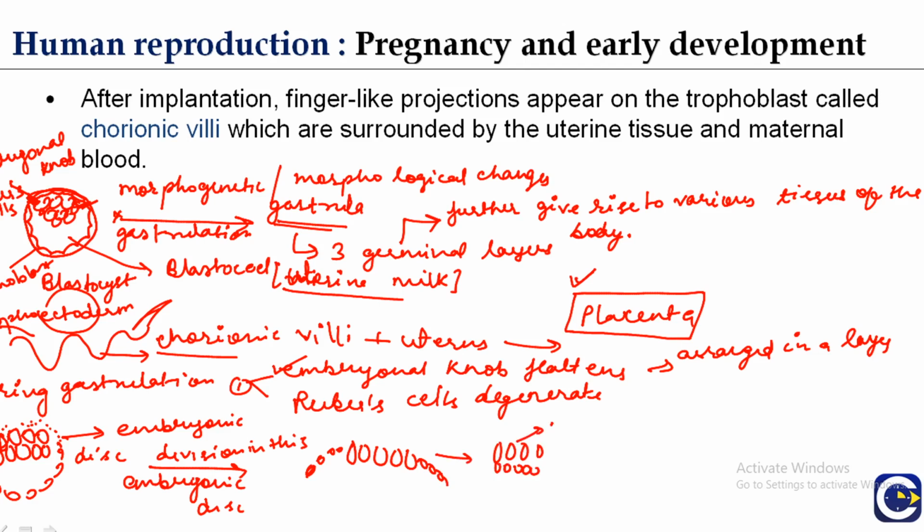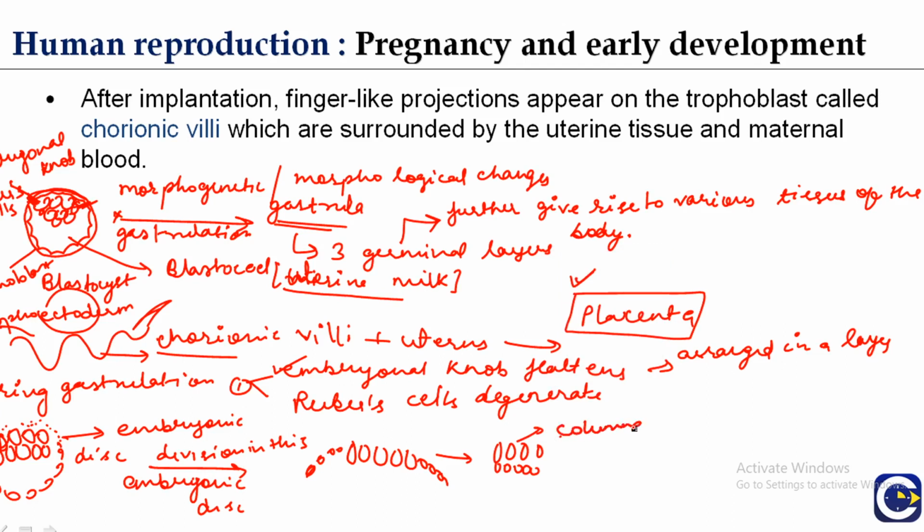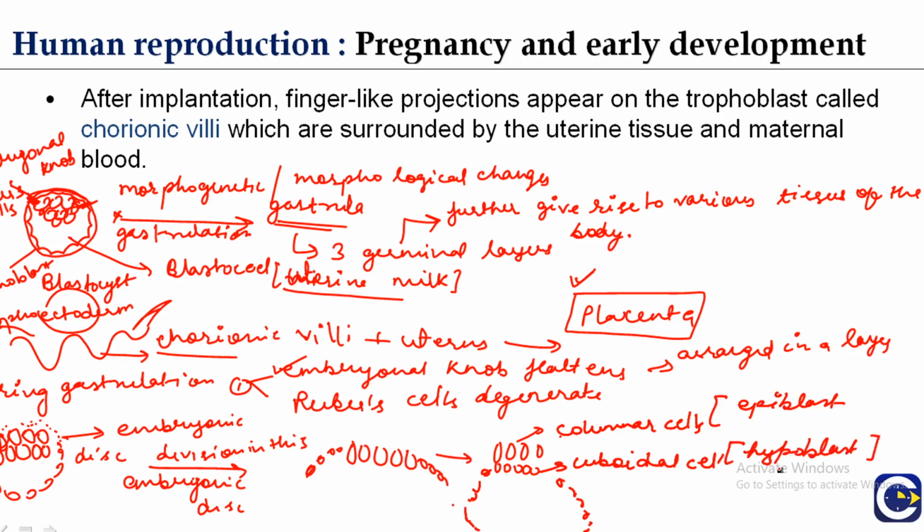So the upper cells are columnar, while the lower cells are cuboidal. This is the trophoblast, you can see here. These are known as the epiblast and these are known as the hypoblast. Now epiblast, these are the upper columnar cells, while the lower cuboidal cells are known as the hypoblast.